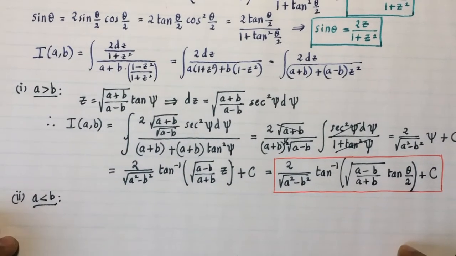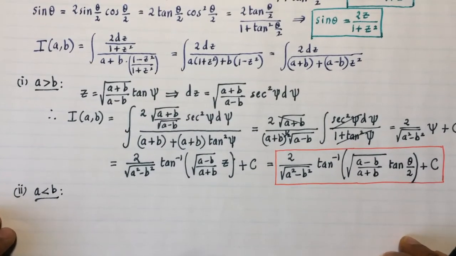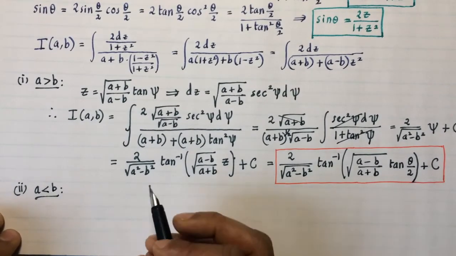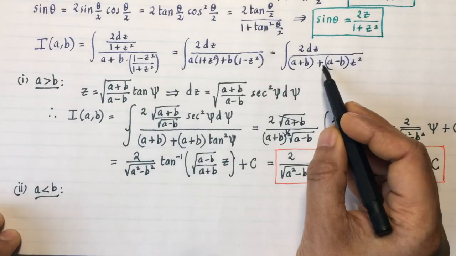If a is less than b, then you're going to have a negative sign there.